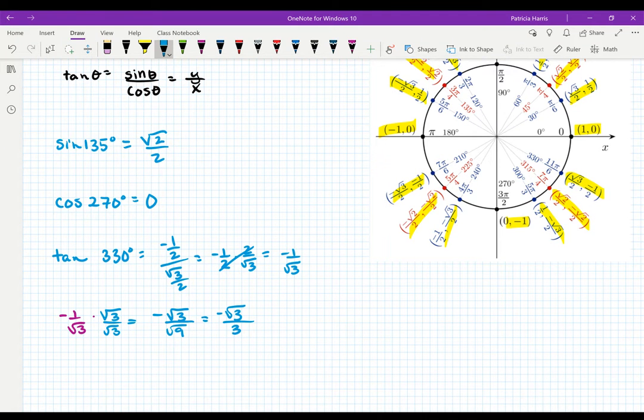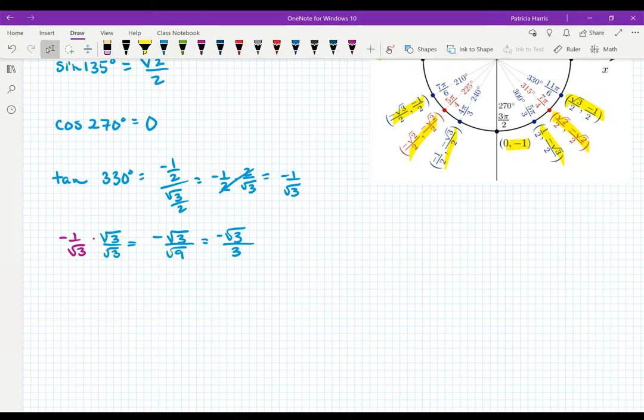So if you wanted to find, let's say, cosine of 7 pi over 6, you would simply find 7 pi over 6 on your unit circle. Cosine's the first one, radical 3 over 2, and that's negative, and that's it.